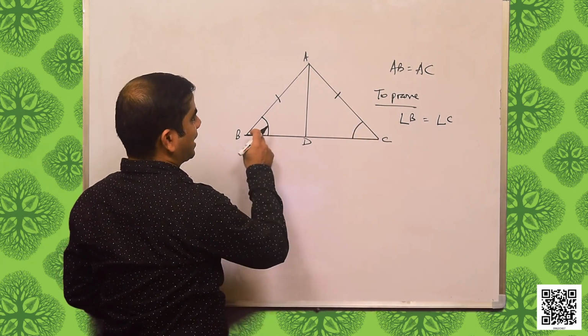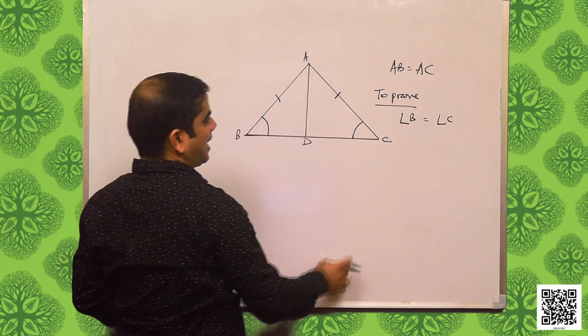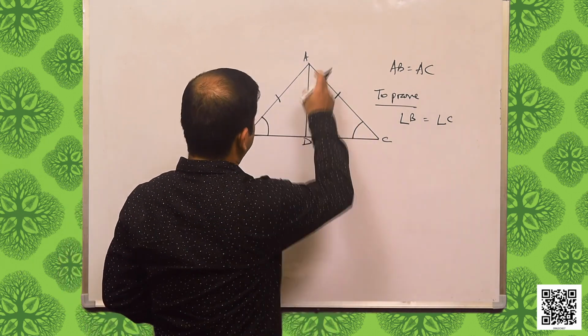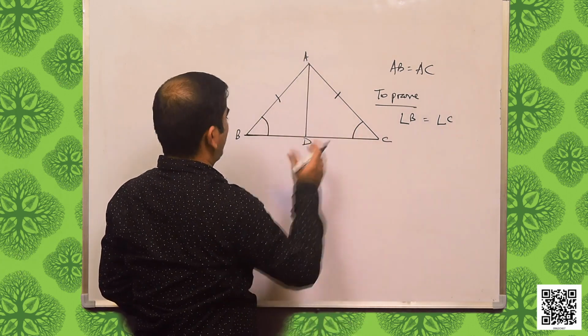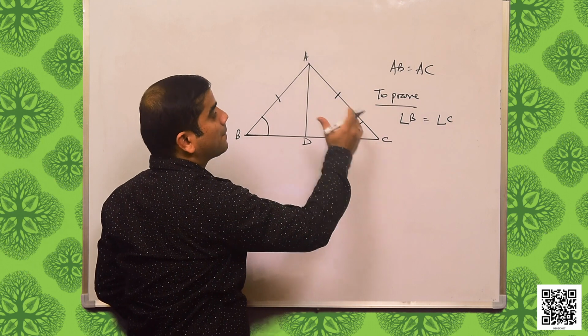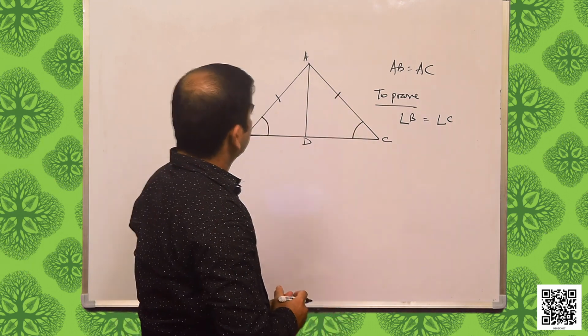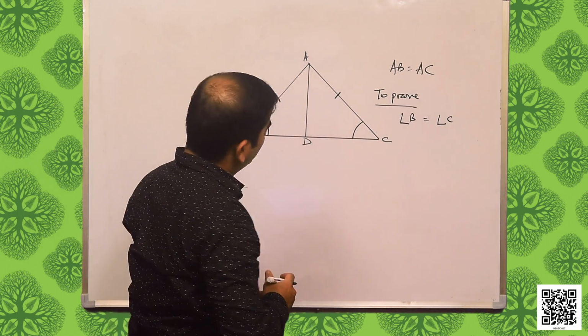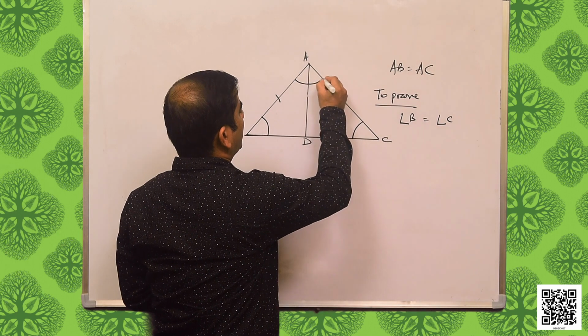Angle B is the angle facing the side AC and angle C is the angle facing the side AB, or you can say angle C is opposite to the side AB and angle B is opposite to the side AC.